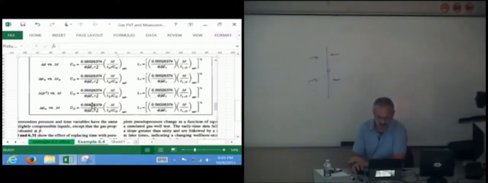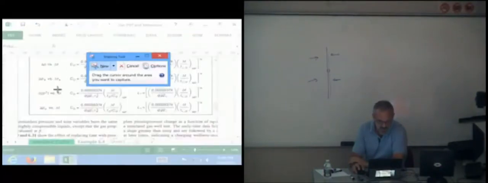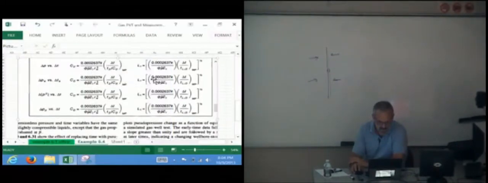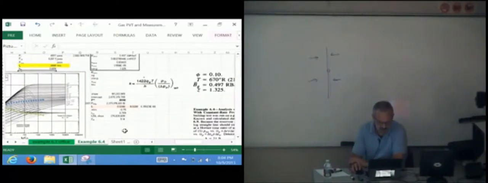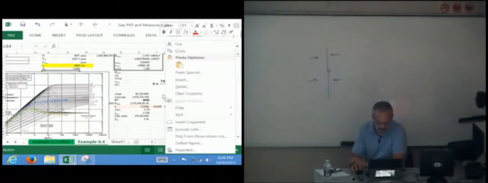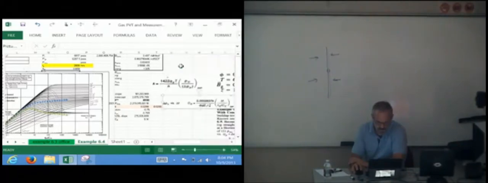Right now I'm going to use pseudopressure versus time and use this equation right here, and I want to use this equation to calculate wellbore storage.